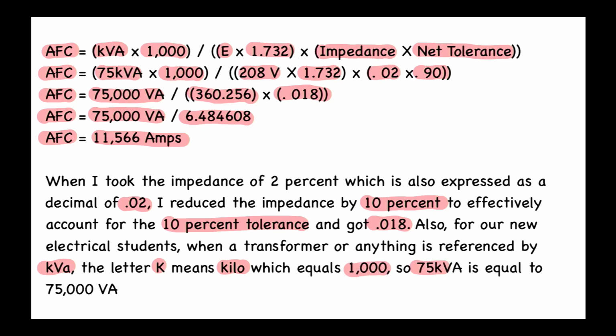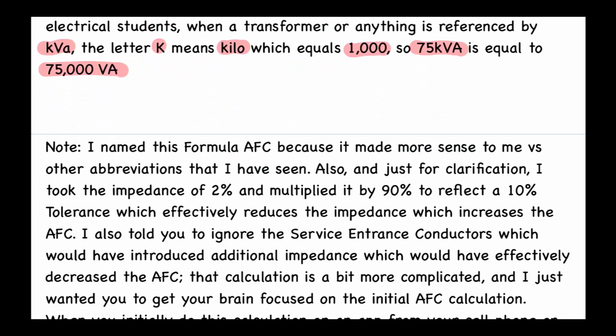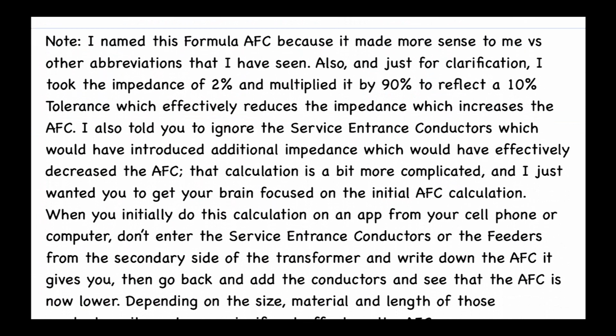So 75 kVA is equal to 75,000 VA. Okay, I got some more stuff in here. Note, I named this formula AFC because it made more sense to me versus other abbreviations that I have seen. Also, just for clarification, I took the impedance of 2%.